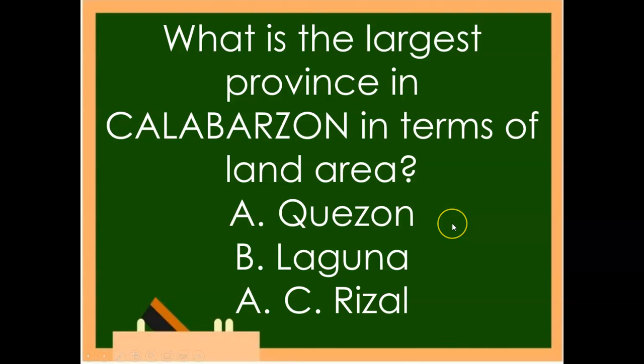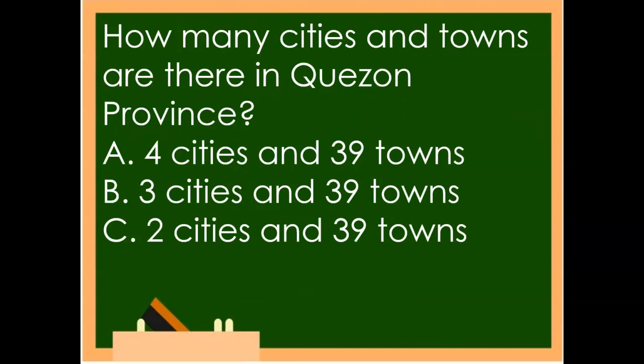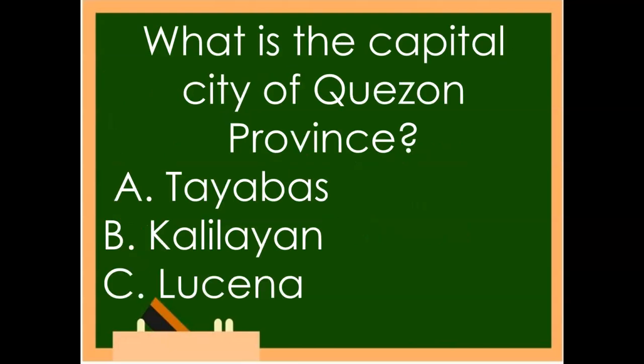What is the largest province in Calabarzon in terms of land area? Quezon. Next, how many cities and towns are there in Quezon province? The answer is 2 cities and 39 towns. And what is the capital city of Quezon province? Tayabas, Calilayan, or Lucena? The answer is Lucena.